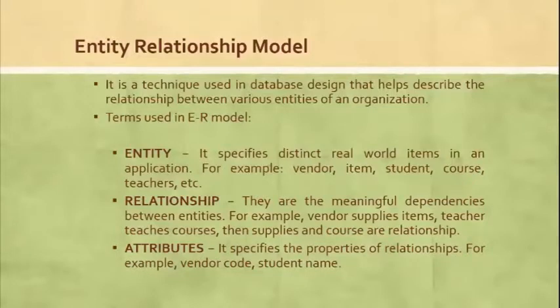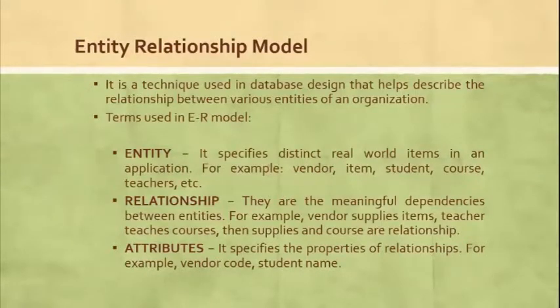For example, we have vendor, item, student, course, or teachers. For the relationship, they are the meaningful dependencies between entities. For example, we have the vendor supplies items, teacher teaches courses, then supplies and teaches are known as relationships.